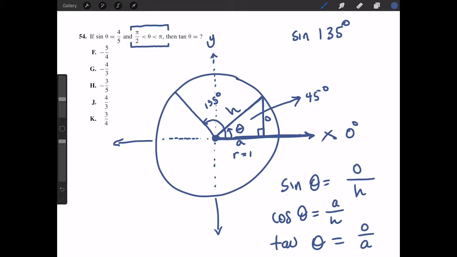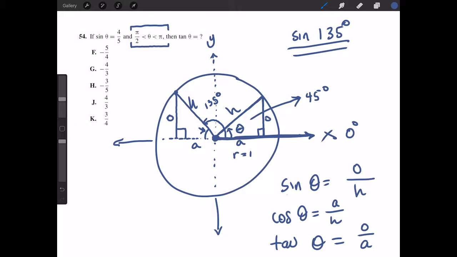So that would be this line right here for the hypotenuse, and then we drop a line perpendicular to the x-axis. Now we have the opposite side, the adjacent side, and the hypotenuse. Now, you may be wondering, the angle is this outside angle of 135. True, but we're always considering the interior angle formed between the adjacent and the hypotenuse as the angle that we use in trig functions.